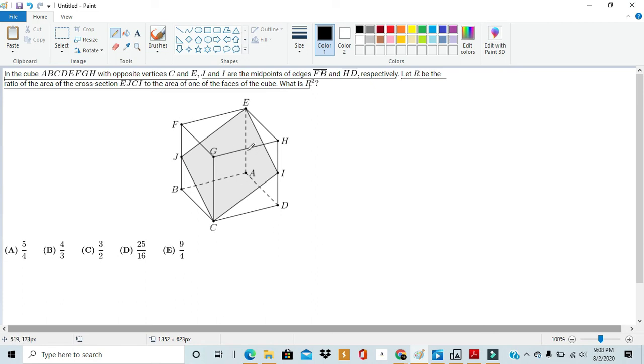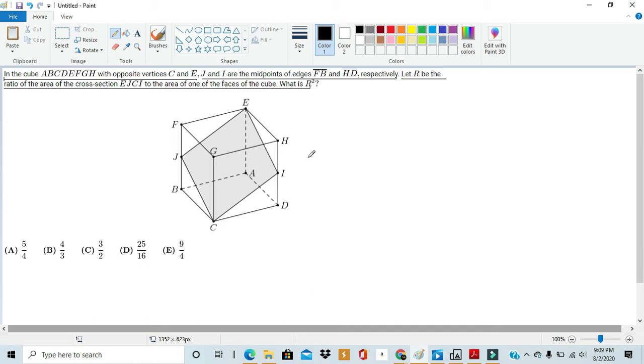It wants us to know what is the ratio of the area of EGCI to any normal face of the cube and wants us to square that value we obtain. So obviously, the first step would be to compute the ratio of EGCI. And then once we compute the ratio of EGCI to one of the faces of the cube, we would just square that value and obtain our answer.